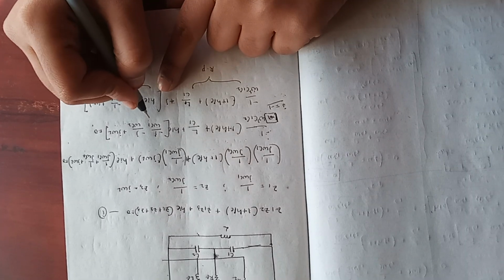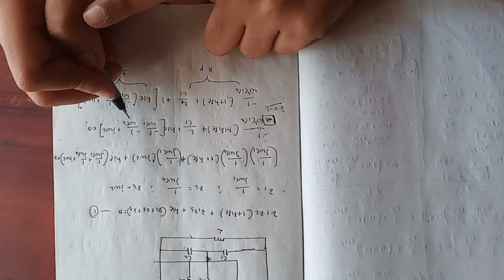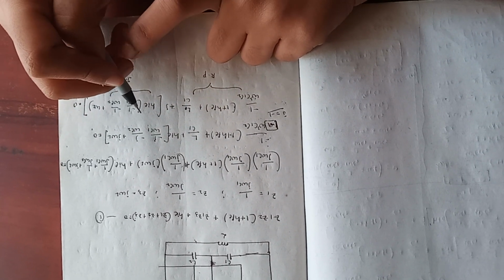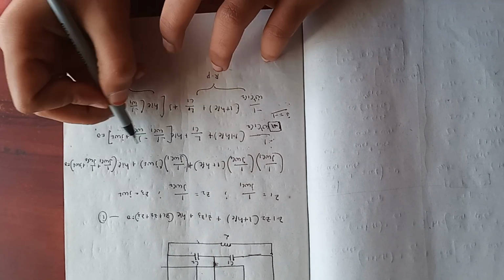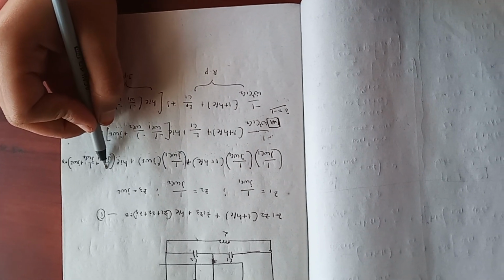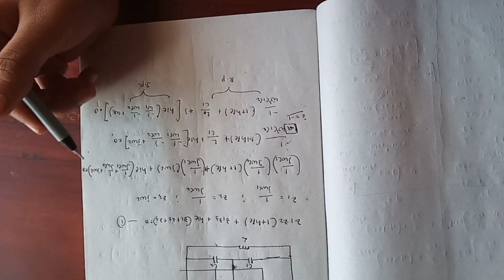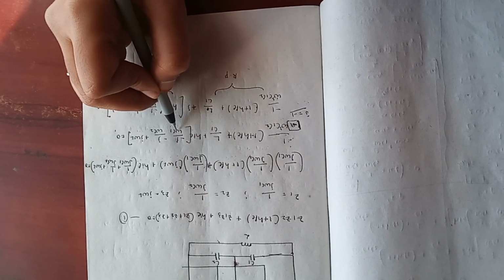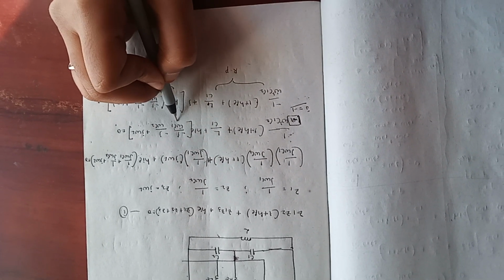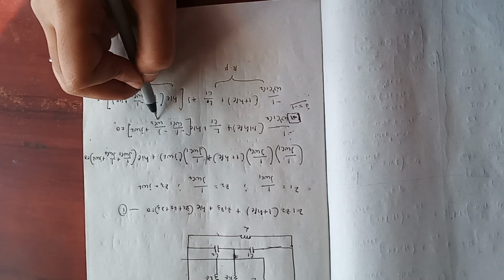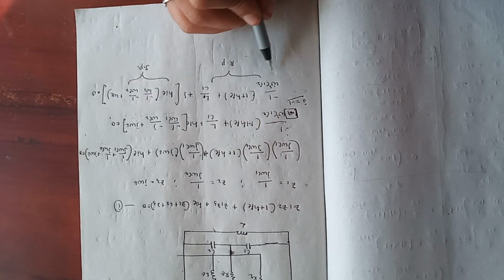Here we multiply J in numerator and denominator. So we'll take minus 1 minus J by omega C1 minus J by omega C2. Here we take J common.